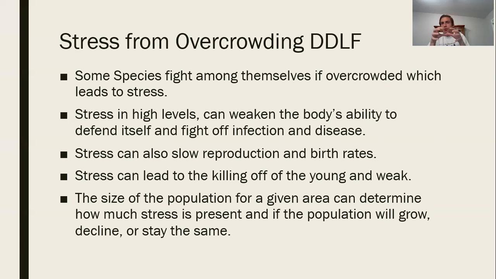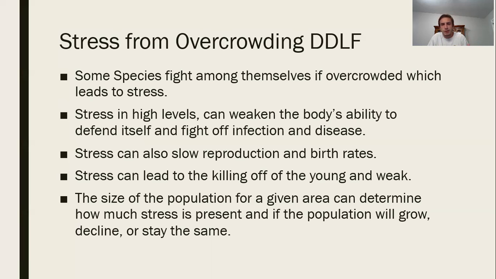And so if there are too many organisms, the young and the weak, being the ones that aren't naturally selected or the most fit for survival, are the easiest to pick off to then lower your numbers so that you're not overcrowded anymore. So this can be a density dependent limiting factor as well.